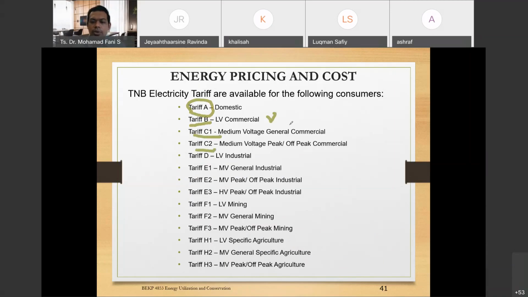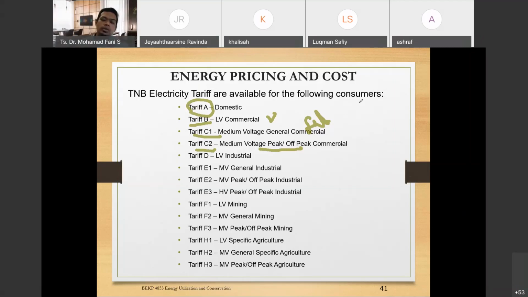This one is for the medium voltage, but C1 is the flat tariff, which is a flat price for the whole day. They will charge based on one price only.